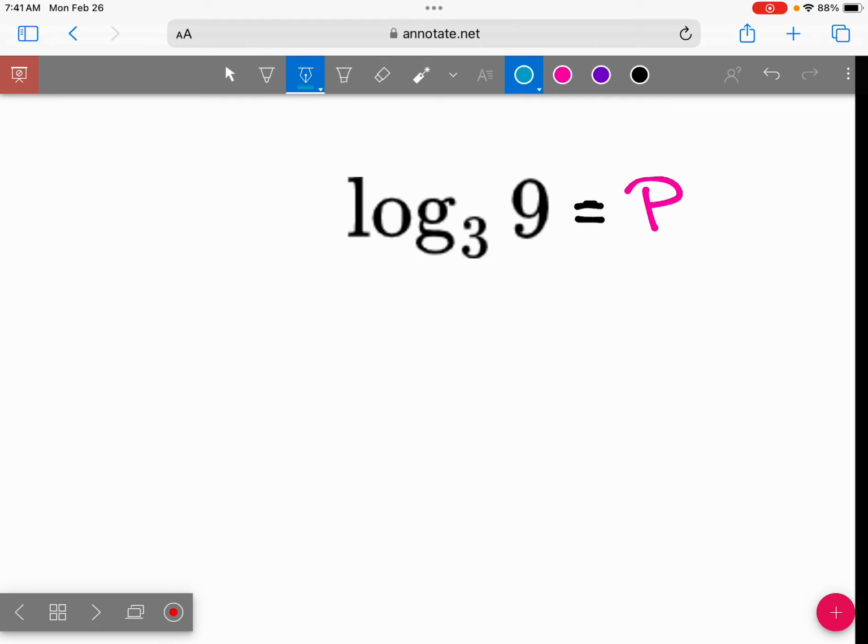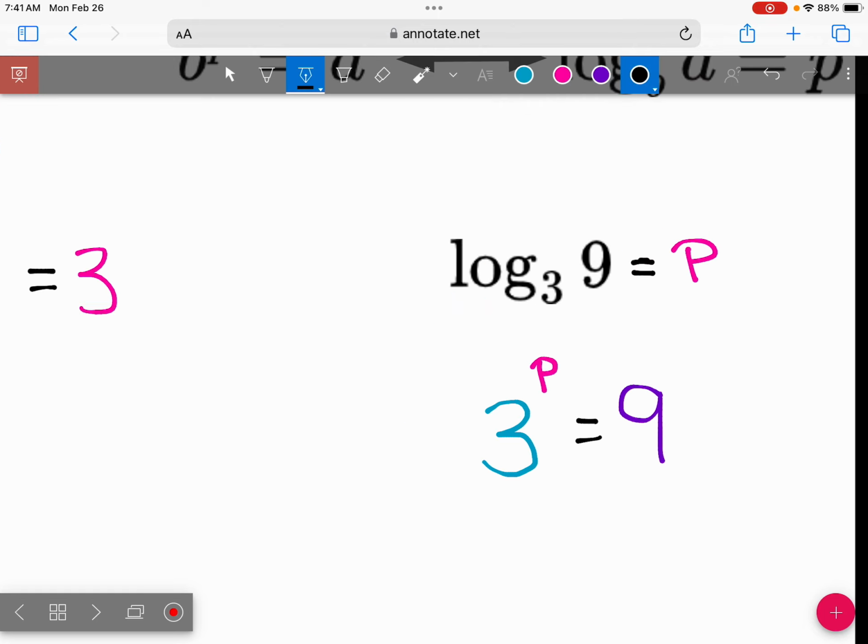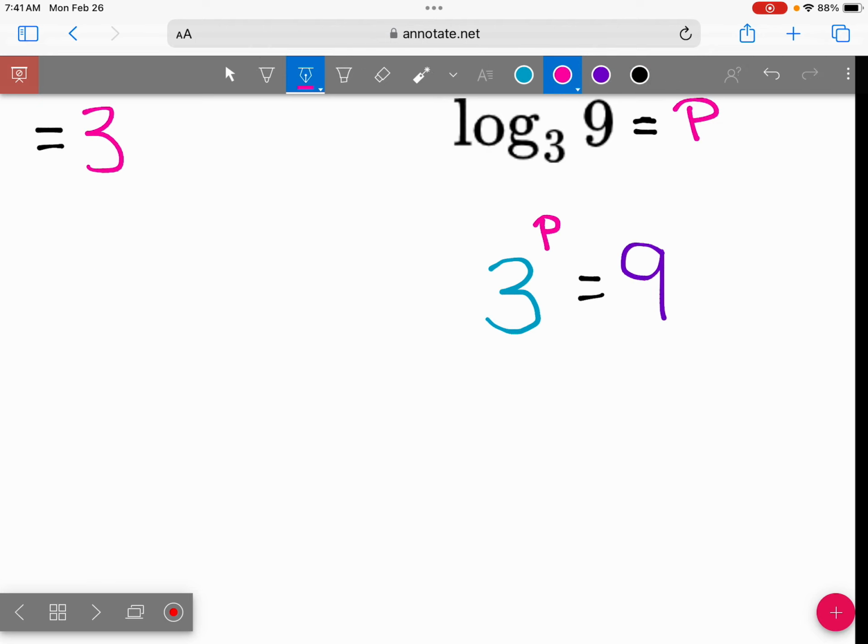So we have log base 3, which means we have the base of an exponential that's 3 to some power that we don't know yet, that we're trying to figure out, equals our argument of 9. What is that power going to be? It's going to be squared. So P is going to equal 2. So I'm just going to write the whole thing out down here just so I don't have to erase stuff.